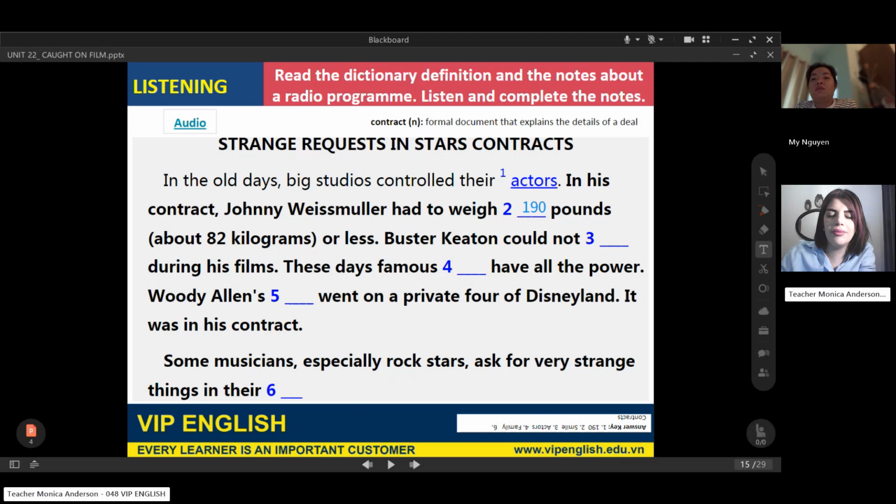They ask for whatever they want. An example of this is Roger Moore, famous for playing James Bond. Mr. Moore liked the good things in life. In his contract, it was written that he could have an unlimited number of Cuban cigars. During one Bond film, the bill for his cigars was over £3,000.